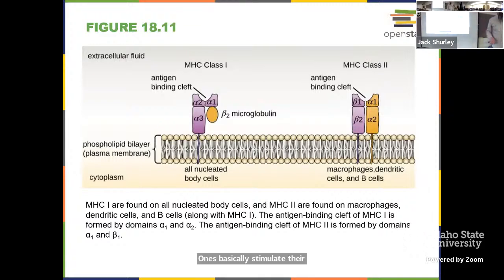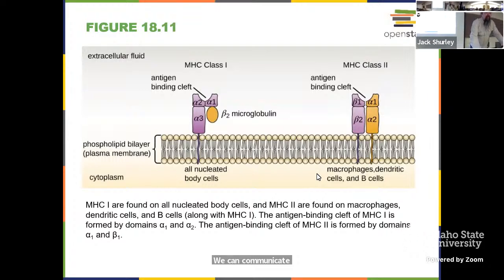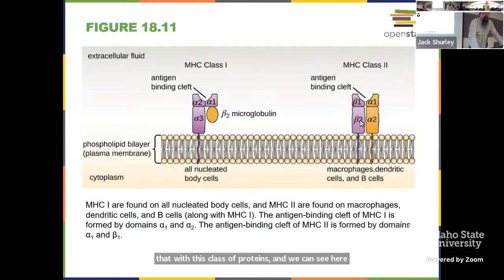So the idea with this is truly to give us multiple levels of protection. We're thinking about the plethora of foreign invaders that can be targeting us. We can communicate that with this class of proteins. And we can see here the specific subunits, beta and alpha subunits, tethering in the plasma membrane, so they're spanning through the layer. This is protruding to the outside, the extracellular fluid, the outside of the cell.